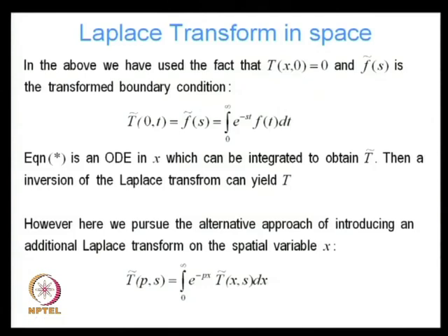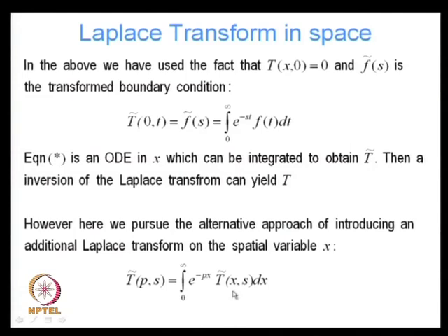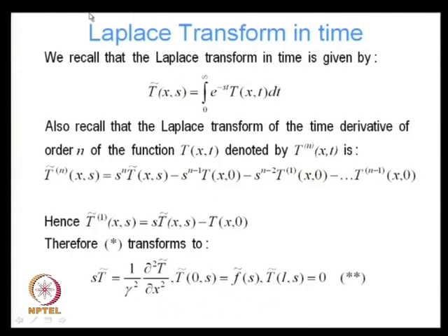However, here we are going to pursue an alternative approach which will involve doing an additional Laplace transform, this time in the spatial domain, with respect to x. That is just identical to that previous expression that we saw, which is the Laplace transform in the time domain.